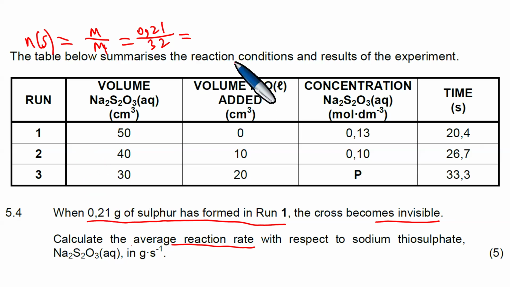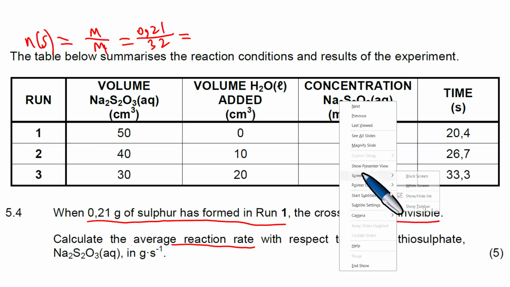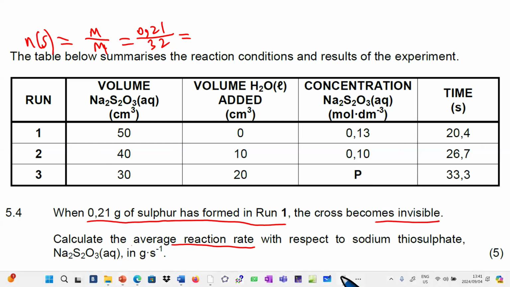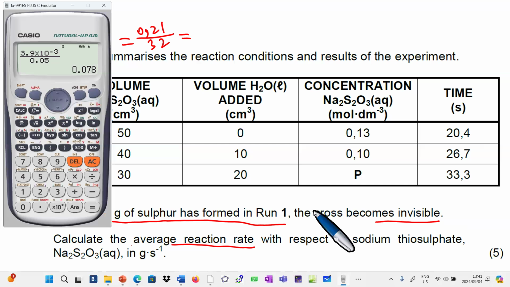Let's check what we're getting here. Shall we use a calculator quickly? 0.21 divided by 32. Let's just use the calculator together.